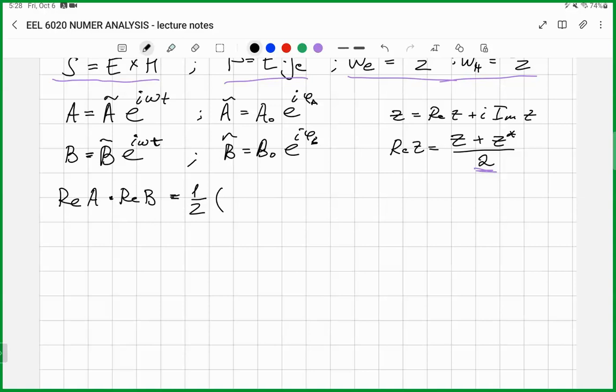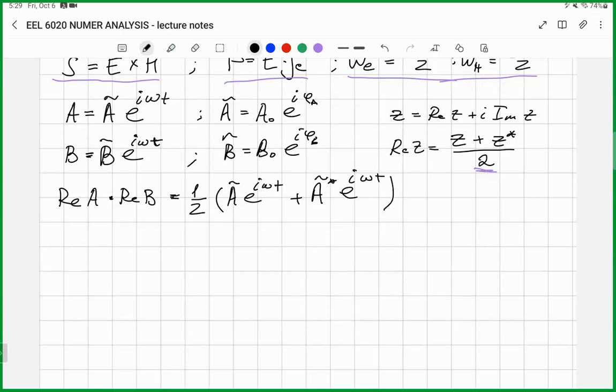And then I take the real part, which is A tilde e to the power of i omega t plus the quantity itself plus the conjugated version, so A tilde complex conjugated e to the power of minus i omega t.